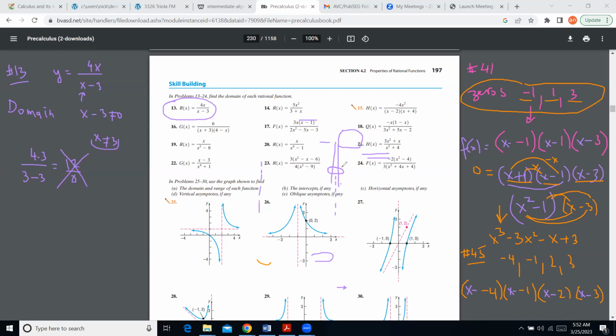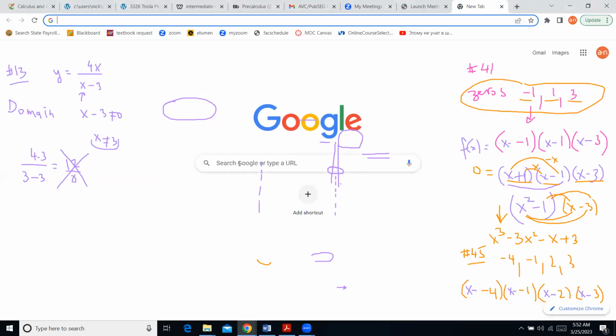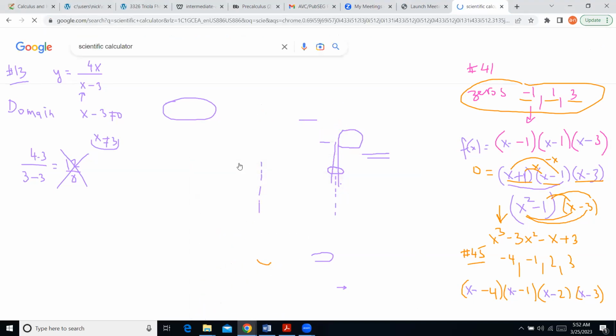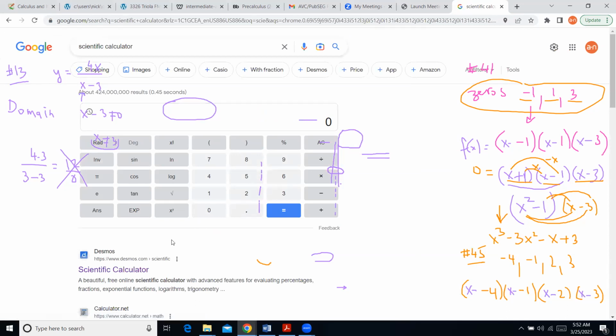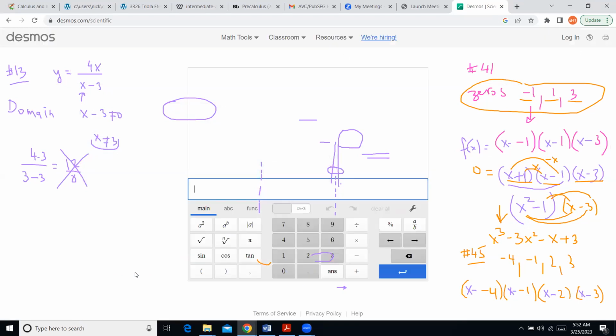We can say, Alex, are you sure? Why can't we divide by 0? Well, ask your little friend, the scientific calculator, the one that we already utilized before. Remember, the first choice called Desmos is what I like to use. You can use any calculator whatsoever.